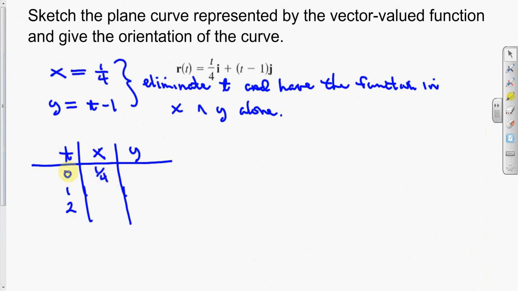For the value of t equals 0, y is equal to negative 1. When t is equal to 1, x is still 1/4. When t is 1, y is 0. When t is 2, x is 1/4. When t is 2, y is equal to 2 minus 1. I get 1. What kind of graph is that?